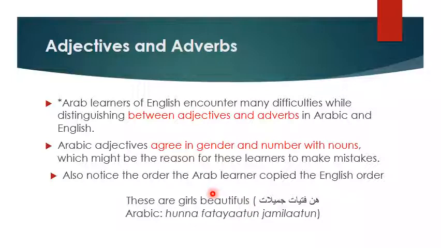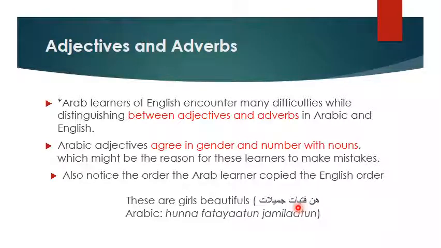And this goes back to the agreement feature that is found in Arabic between the noun and the adjective that we referred to. So here he said, these are girls' beautifuls. He reversed عكس the word order, influenced by the Arabic language.